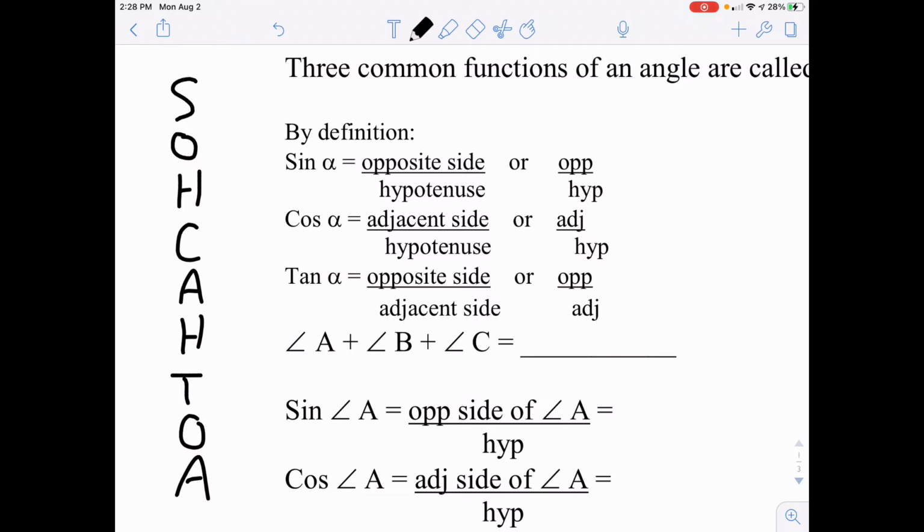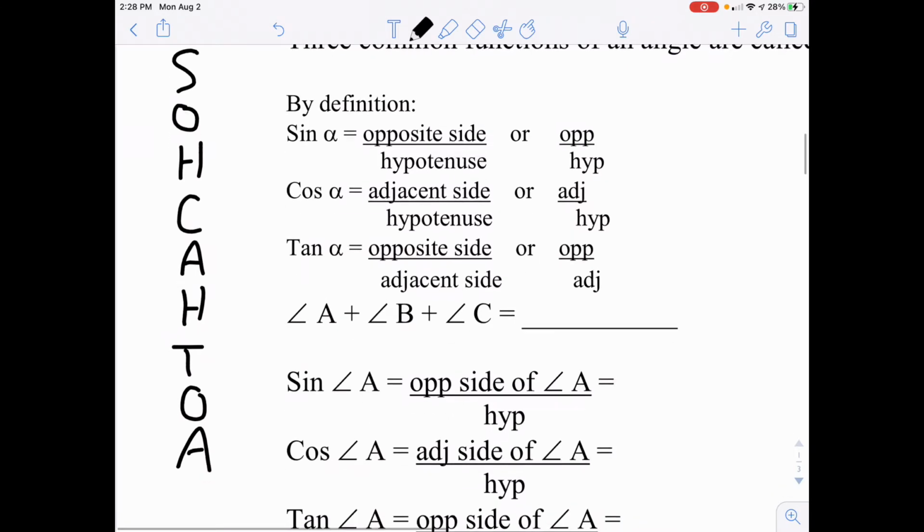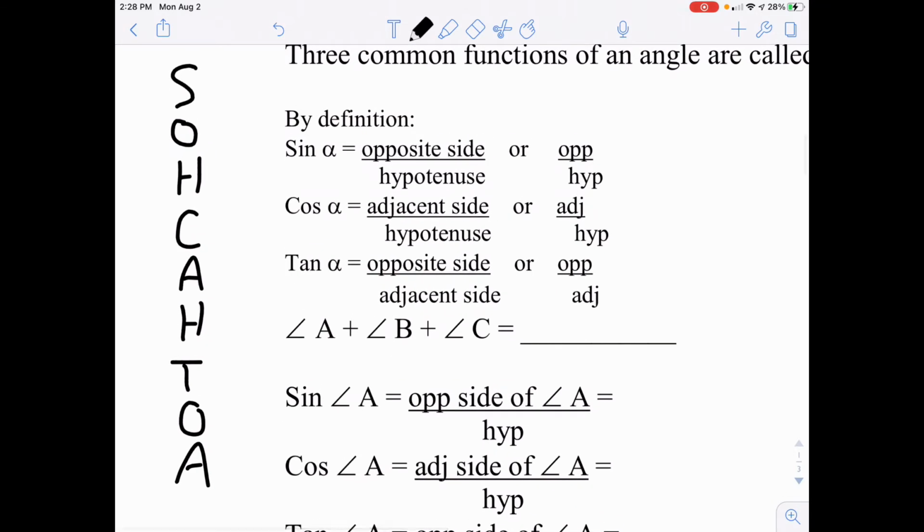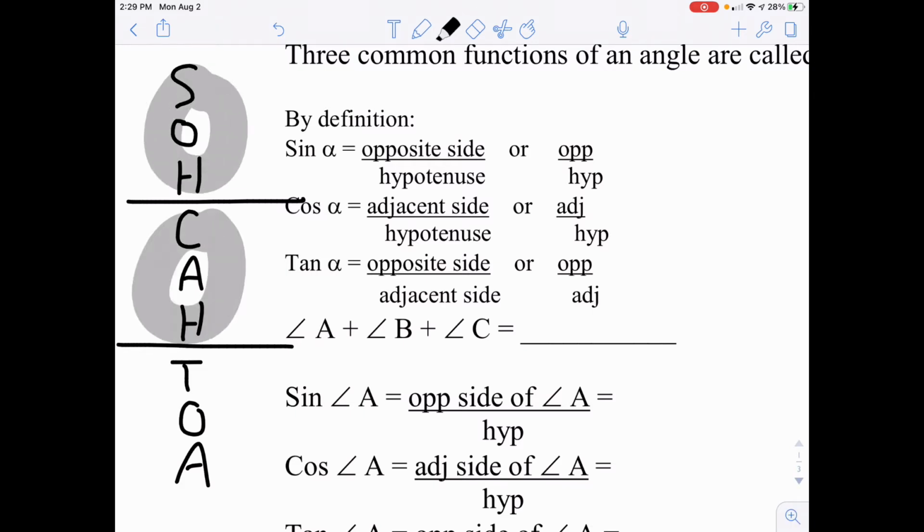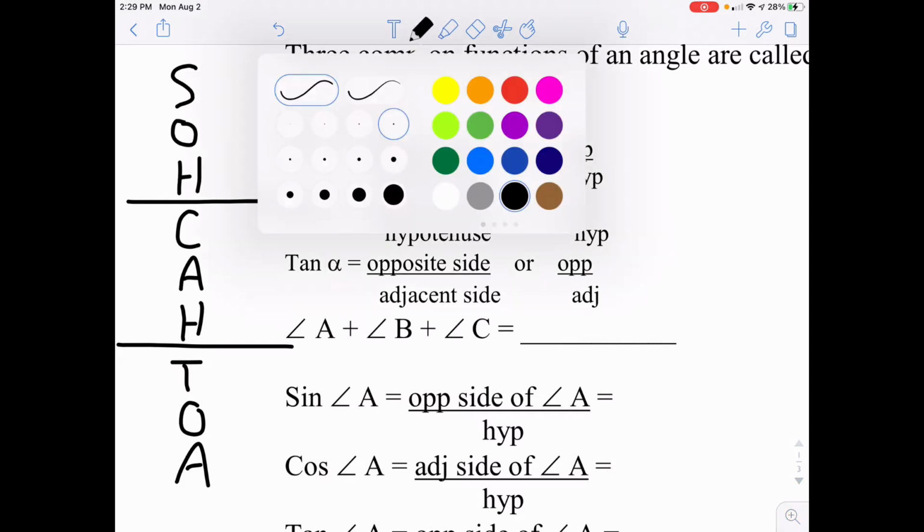Right? The Native American god of trigonometry. Well, SOHCAHTOA can be split into three sections like this, so that you have a SOH part, a CAH part, and a TOA part. Let's examine each one individually.